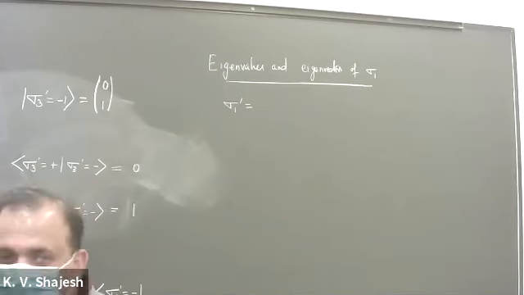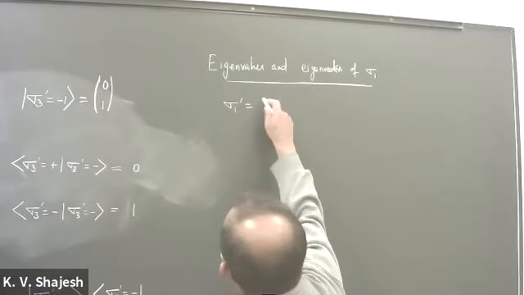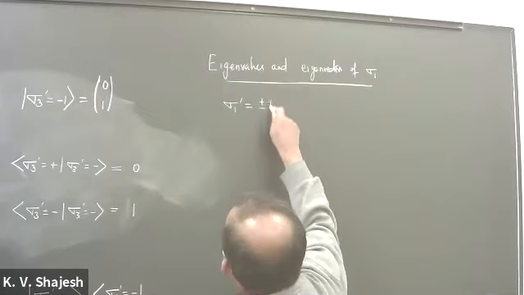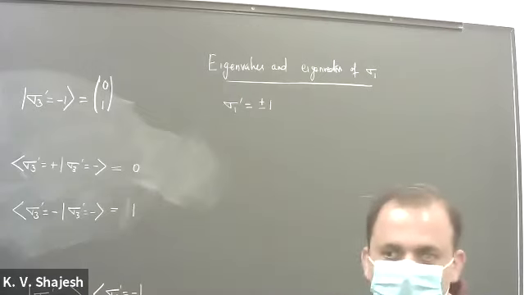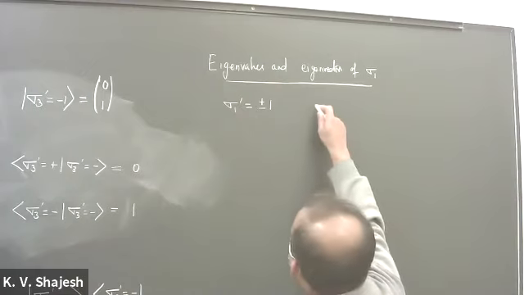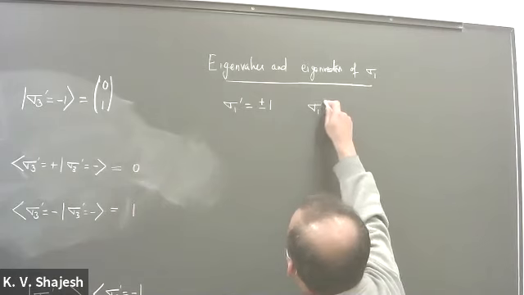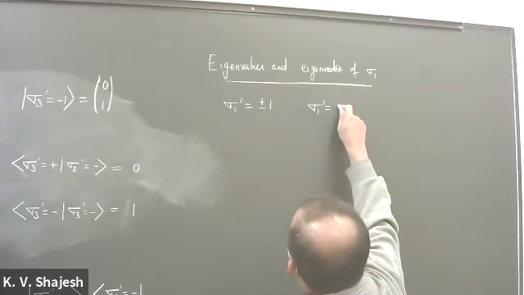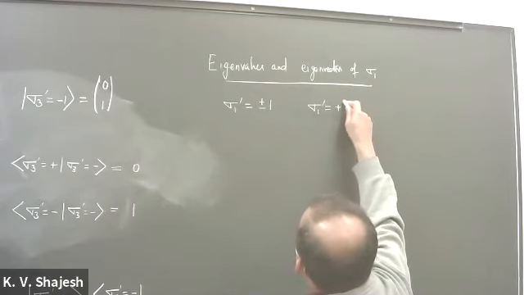So it's the same eigenvalues even now. It's plus or minus 1. This just happens to be. It doesn't have to be the same eigenvalue, but it turns out to be the same. What about the eigenvector? What's the eigenvector for sigma 1 prime equal to plus 1?